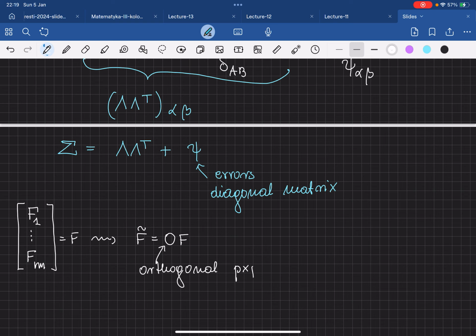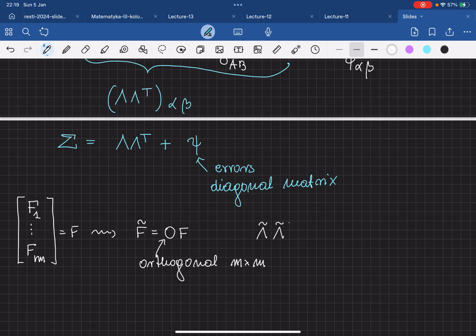This is m times m orthogonal matrix. Then when we calculate lambda tilde and lambda tilde transposed, we will see that this is exactly the same as lambda lambda transposed.